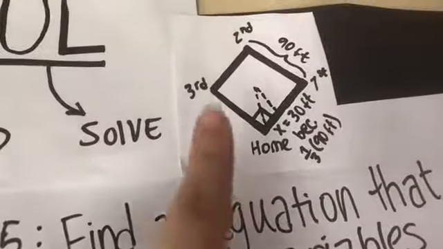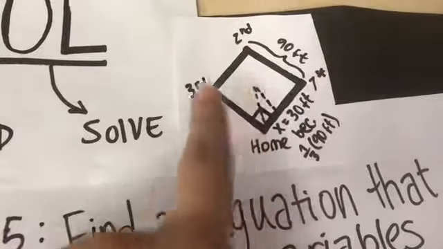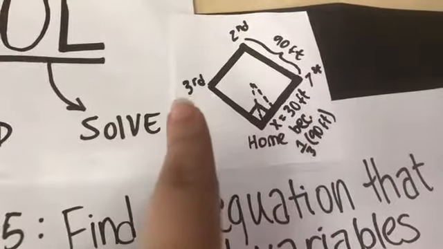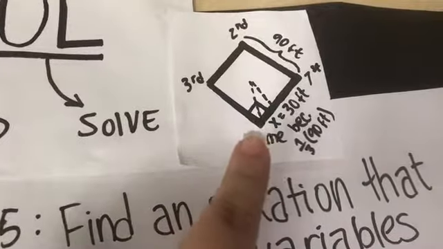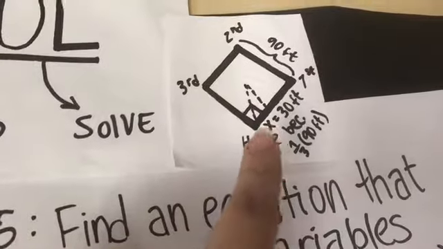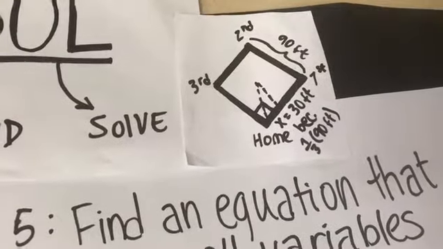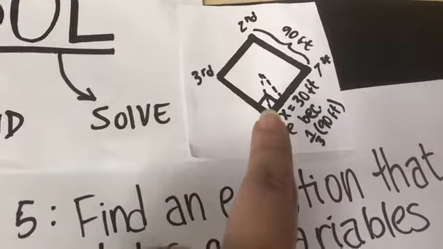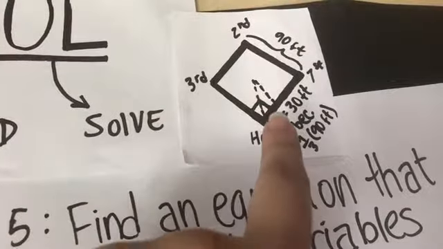We need to recall that this is a perfect square, so each of our corners will measure 90 degrees. If the batter hits the ball right here, this means that our theta will measure 45 degrees. We are using the law of cosines because remember that this is not a right triangle.